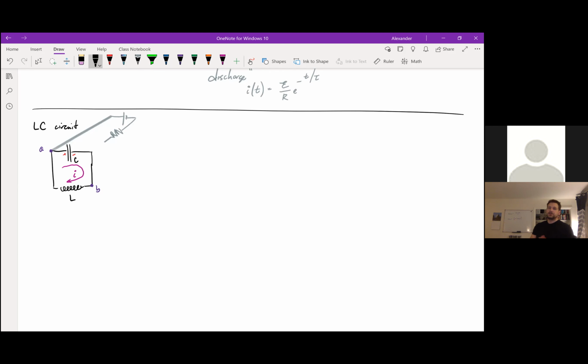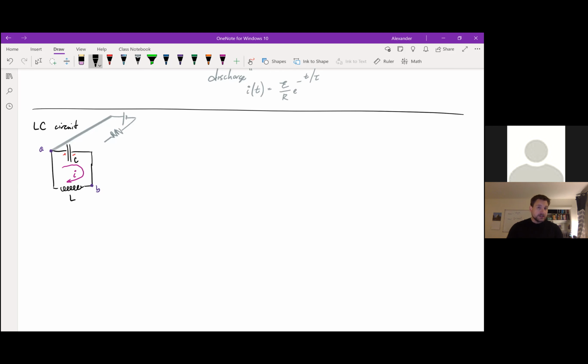I'm going to follow the convention of the Young and Freedman text for this and choose a non-conventional current direction. It looks like current flows the other way when the capacitor begins to discharge. It does. The potential difference across the battery will try to push current counterclockwise.